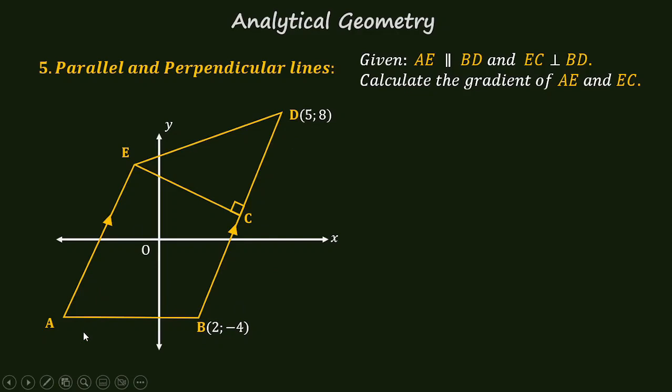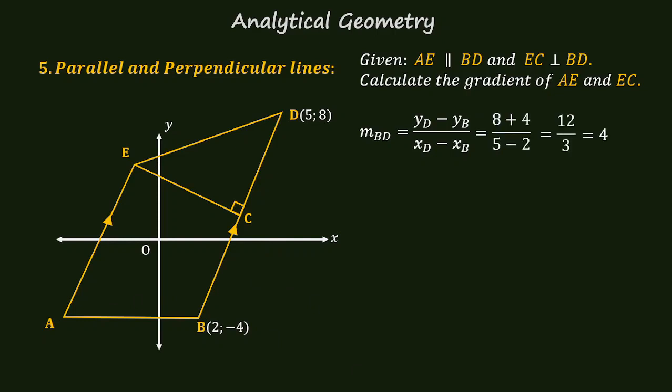So to find the gradient of AE, we can calculate the gradient of BD, and then that will give us the answer for the gradient of AE, because the two lines are parallel to each other. So we calculate the gradient of the straight line BD, and we get 4. So the gradient of the straight line BD is 4.